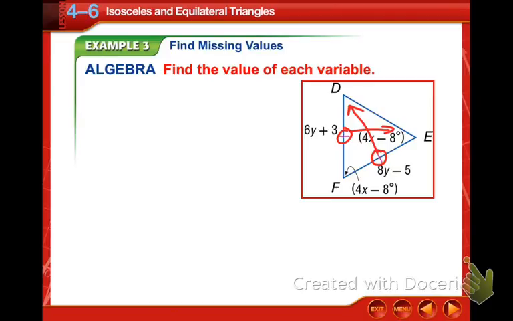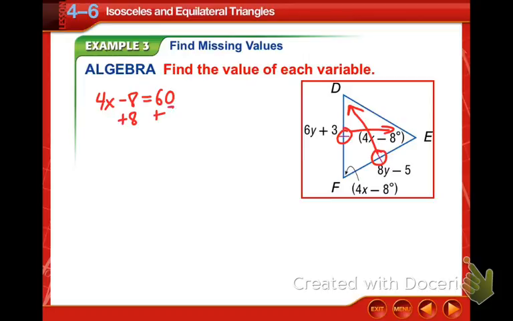So when we want to find x here, all we have to do, remember, all the angles of an equilateral triangle add to be 180, but because it's equilateral, they're all 60. So 4x minus 8 is equal to 60.